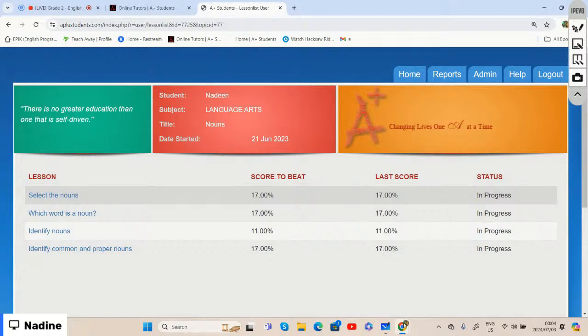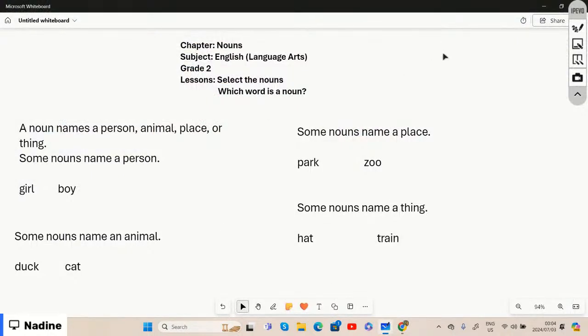All right. So our chapter is nouns. Our subject is English Language Arts. Grade 2.